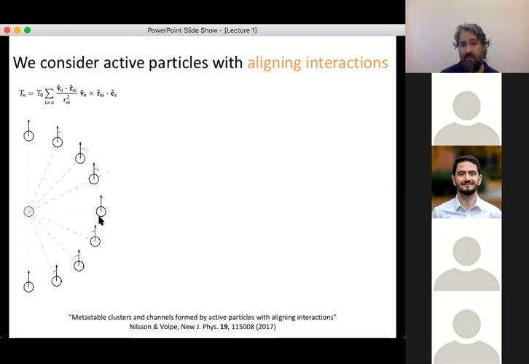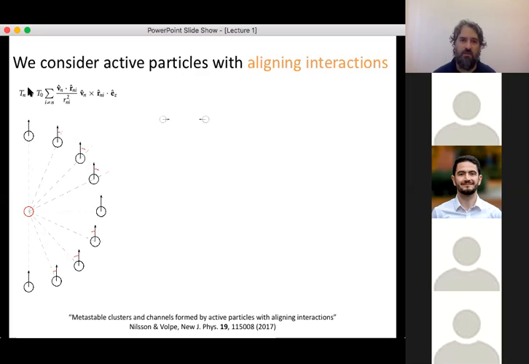If it's exactly on the side of the red particle, it will go straight. If it's in front of the red particle, it will tend to align itself towards this direction away from the red particle, you see. And if it's exactly in front, just go straight.